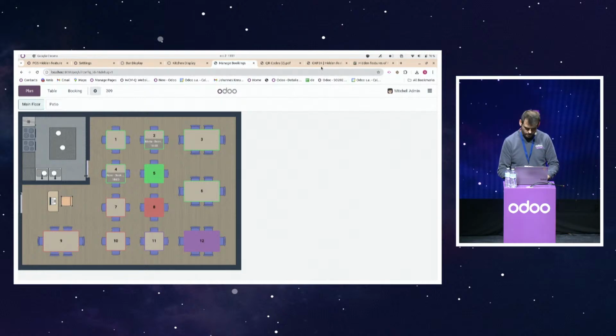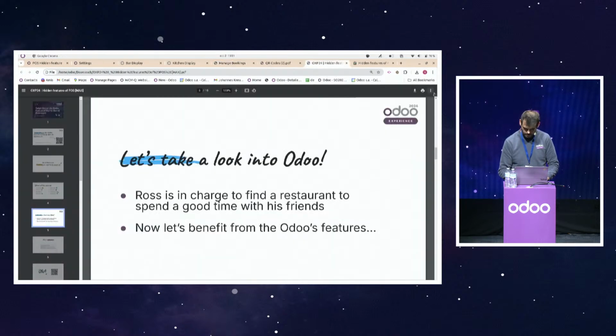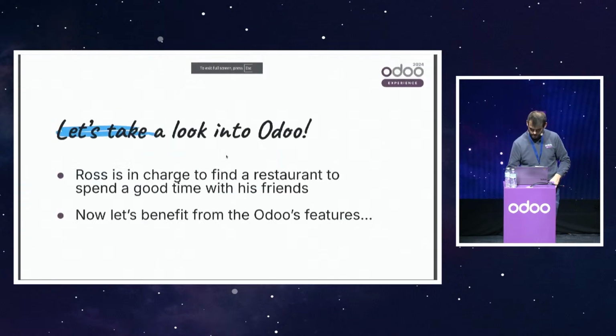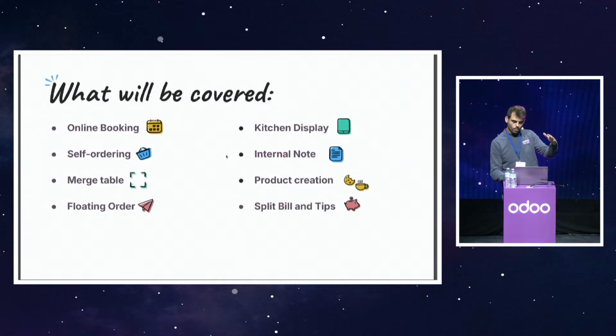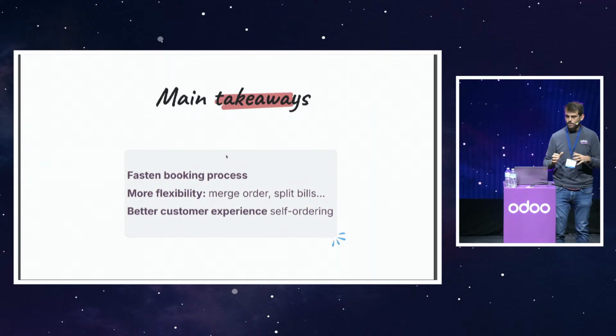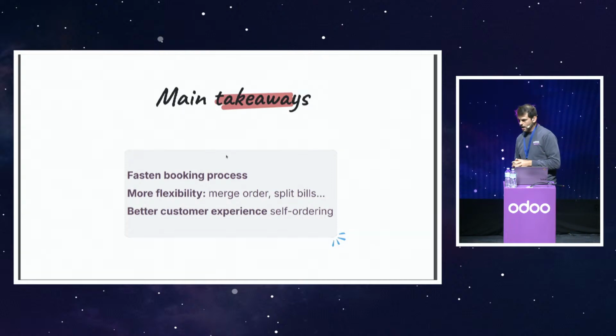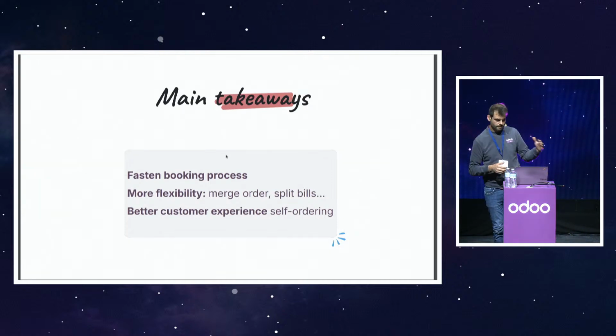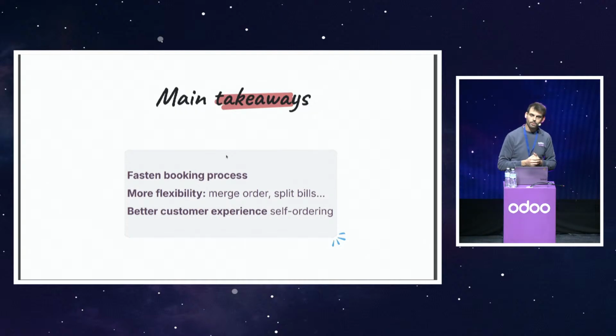And I will switch back to this presentation. Yeah, those slides. Okay, so if I just recap, we have covered all those elements. And the main takeaways I think you should keep in mind is the fastened booking process, that helps a lot for customers and having the planning shift organized for the waiters and owners, as well as the self-ordering, which is also really helpful.